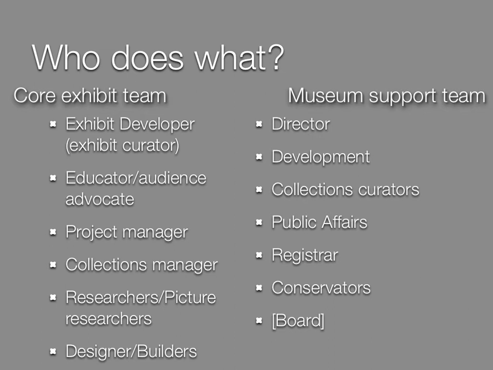A project manager keeps track of all the expenses and the schedule. Somebody's job is just to deal with the collections. Lots of researchers, and a whole separate field of picture researchers who figure out how to get rights to use everything, and then designers and builders. And then the rest of the museum is there to support all of this. It's a complicated exhibition with a complicated set of projects.